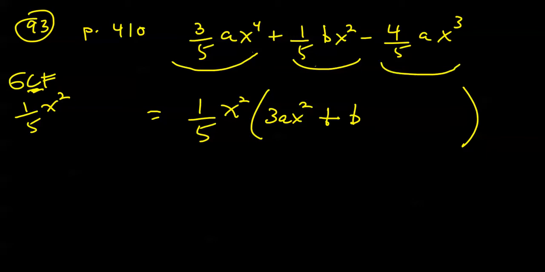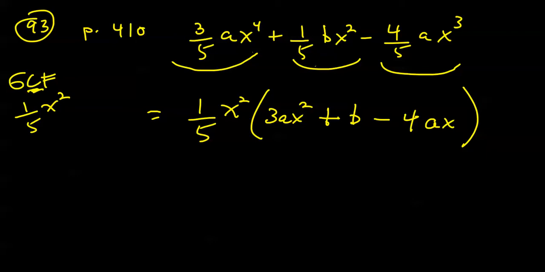And if I factor out a 1/5 x squared from the third slot, I'll have a minus 4a x. Hang on a minute, let me check something. I wrote something down wrong. 93. Yeah, 4a minus 4ax. Okay. Alright, let's check our answer.